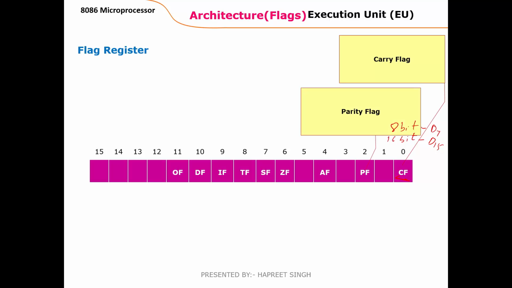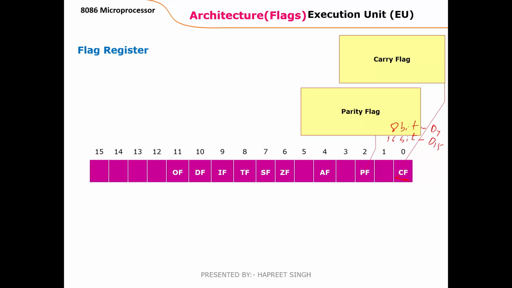Right, now next one is the parity flag. This parity flag reflects even parity if the flag is set to 1. If the lower byte of the result contains an even number of 1s, then it will be set to 1, otherwise it will reflect as odd parity.